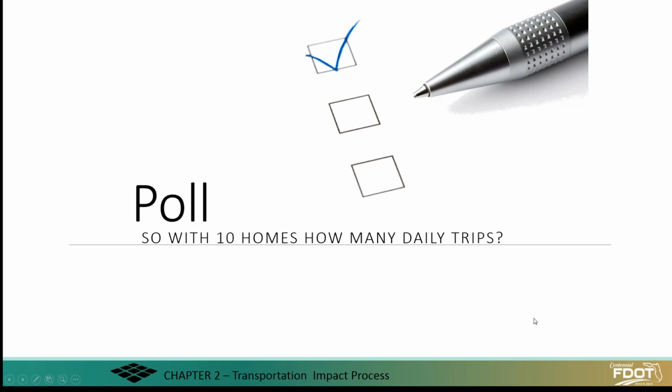Gary, you're working on the poll? I think we lost Gary. He's the one who has access. I am here. I just unmuted myself. All right, no problem. Pay no attention to the man behind the screen, and I will ask you now: how many trips is that?